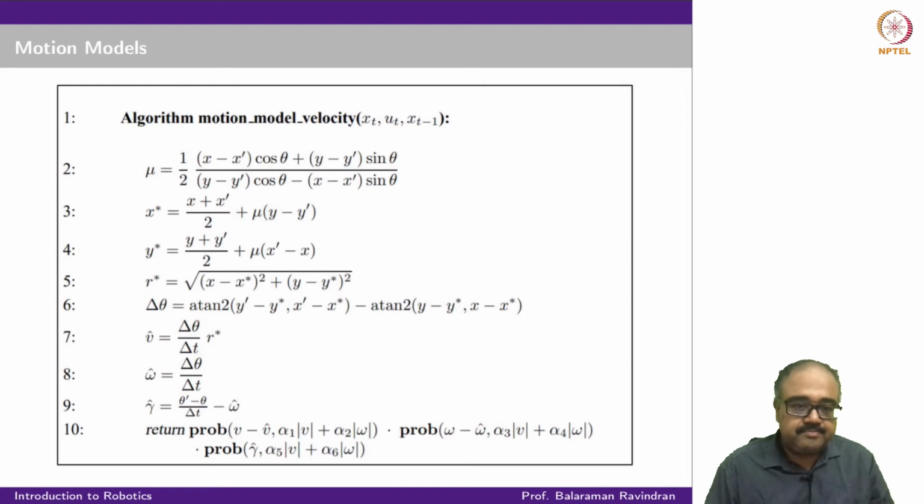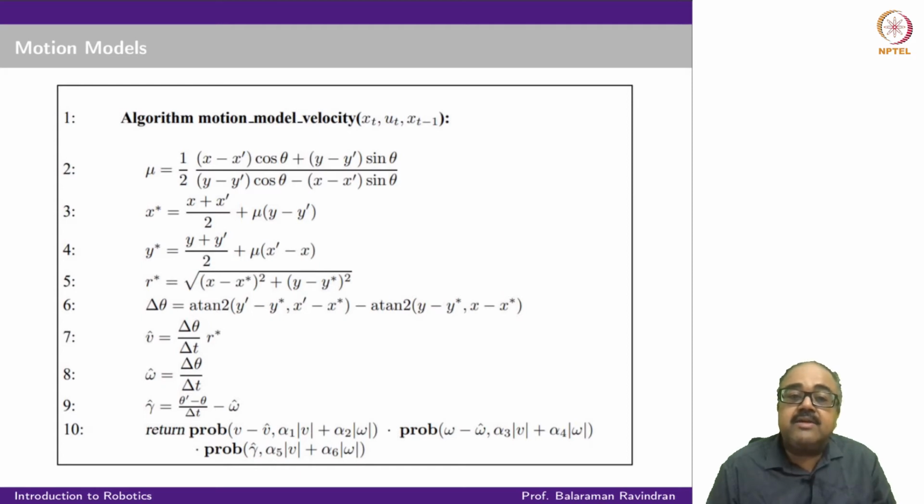So my actual model now is: my real translation velocity is v hat, my real angular velocity is omega hat plus gamma hat, but the action that I have applied is v and omega.